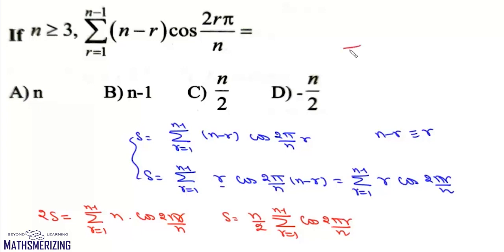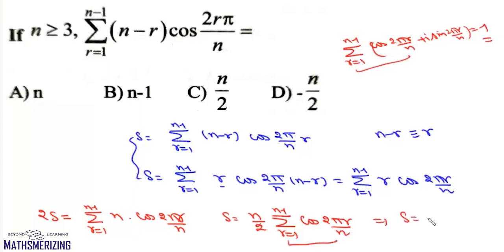Now we know that for nth root of unity, the value of this summation r varies from 1 to n minus 1 of cos(2 pi r by n) plus iota sine(2 pi r by n) is equal to minus 1. And if we compare its real part, then we know that the value of this summation is minus 1. That means this sum is equal to minus n by 2, and that's your option D.